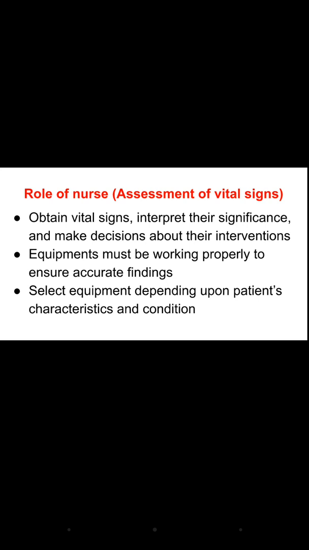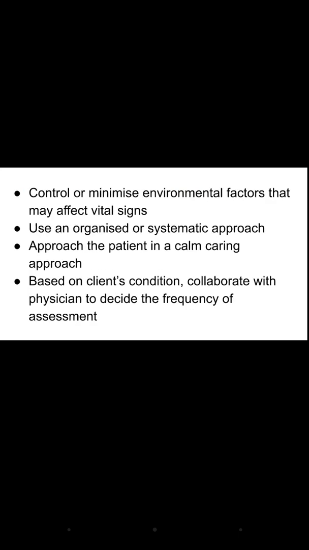Identify the patient characteristics: the age of the person, the mental status of the person, the type of thermometer that needs to be taken, and the size of the blood pressure cuff that needs to be taken for assessment of the vital signs. So this is very important.